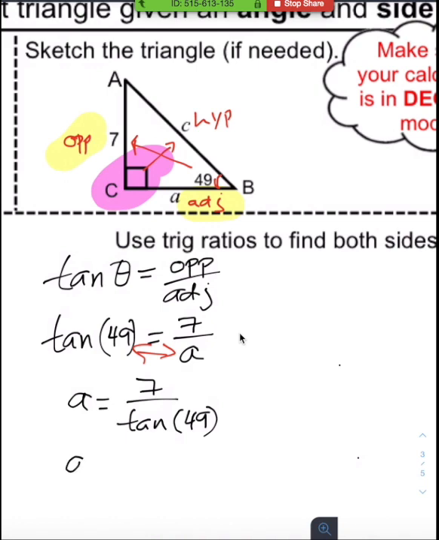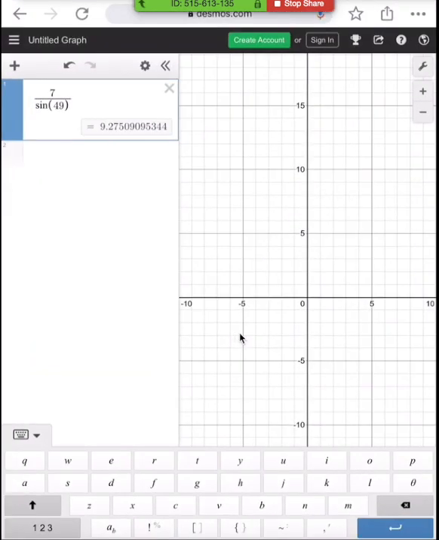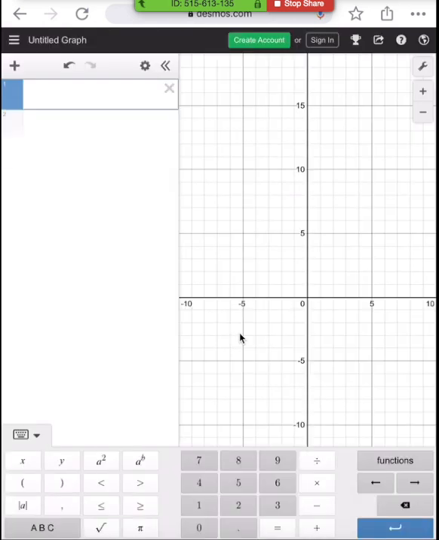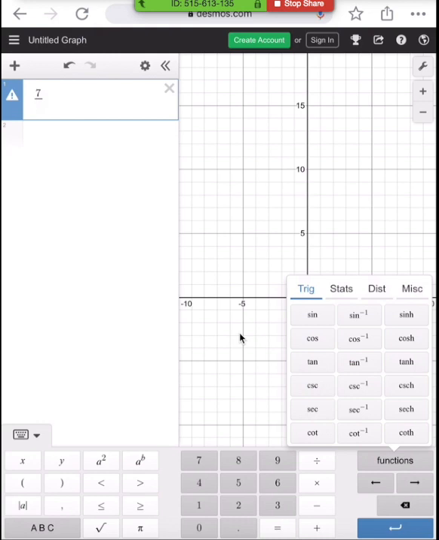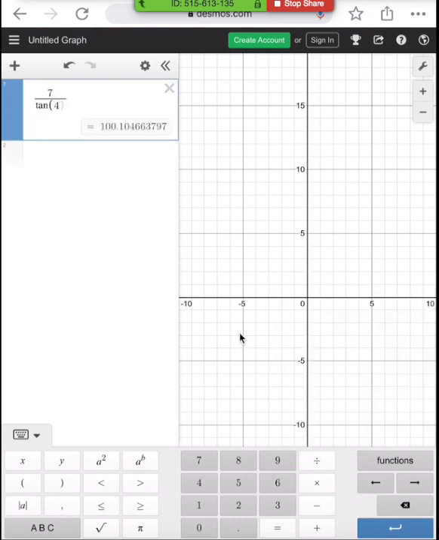Remember this is the exact answer. We're about to use Desmos to actually figure this out. So 7 divided by tangent of 49, and here's our answer.